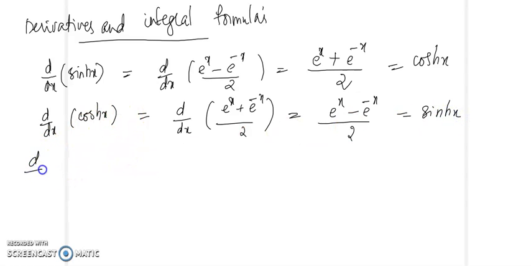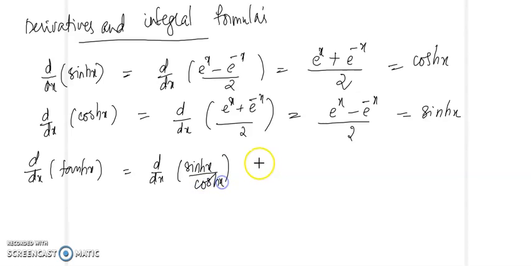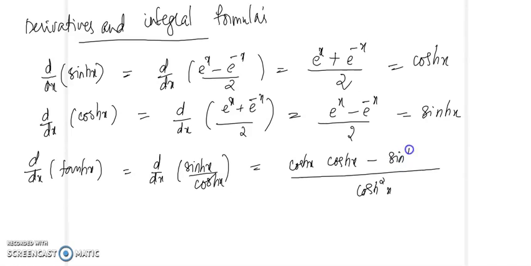And when you take the derivative of tanh x, that is the derivative of sinh x by cosh x. So by the quotient rule, that is cosh squared x, then cosh x into the derivative of sinh x, which is cosh x, minus sinh x into the derivative of cosh x, which is sinh x.